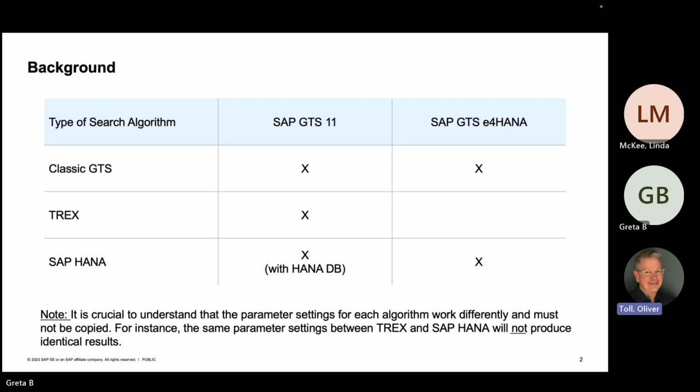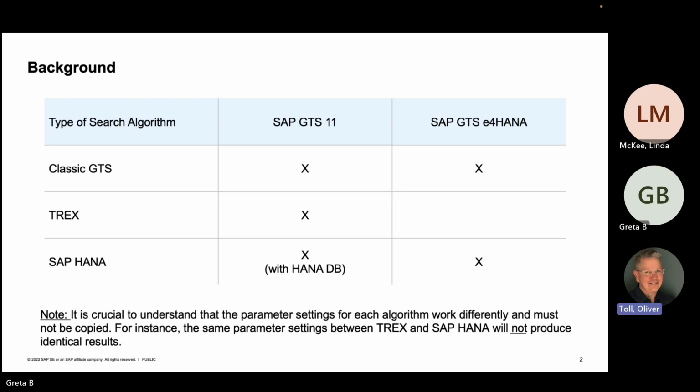Now moving to SAP GTS edition for SAP HANA, there are some changes, and one of these options has been retired and can also be found on the simplification list. And we will finally remain with 2 search algorithms for the solution.